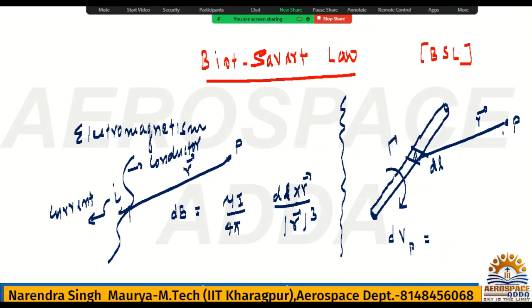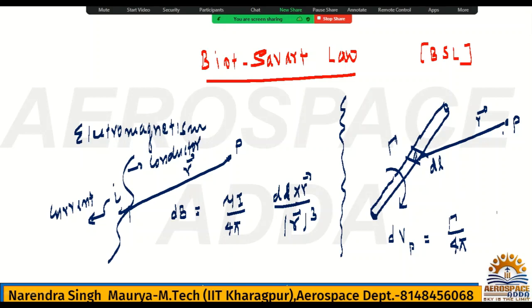So similarly here you can write analogous, it will be circulation upon 4 pi, because instead of mu into I you can write circulation. As I told you, current will be replaced by the vorticity, or vortex strength, or circulation. So I am writing in terms of circulation.